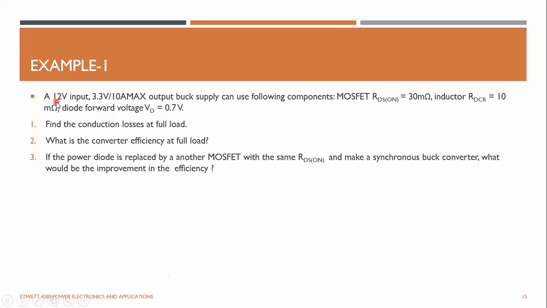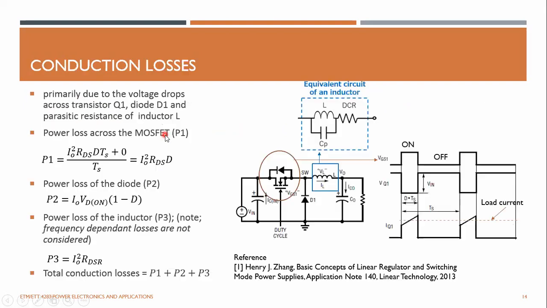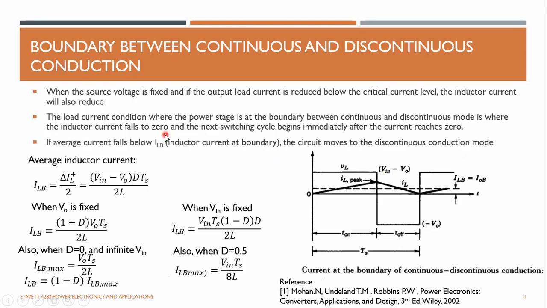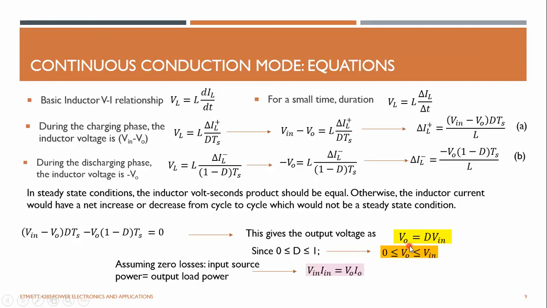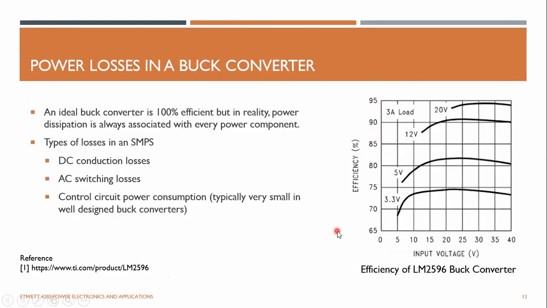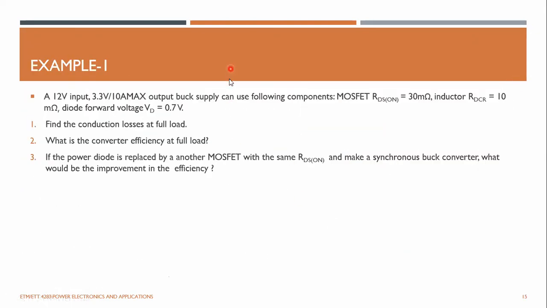You know your input is 12 volts and the output is 3.3. Vout equals D times Vin, so using this equation, first calculate D, which gives you the duty cycle.